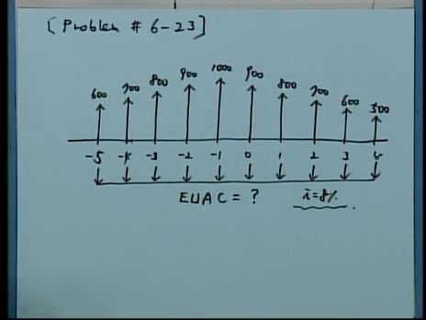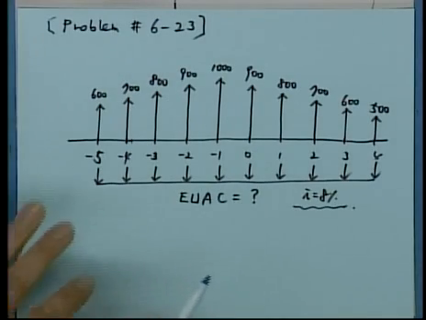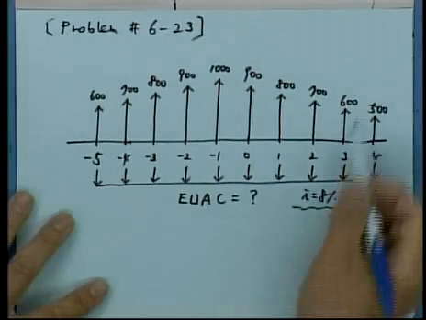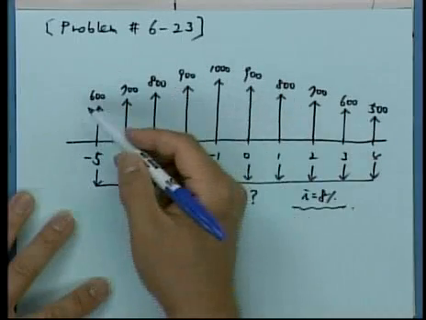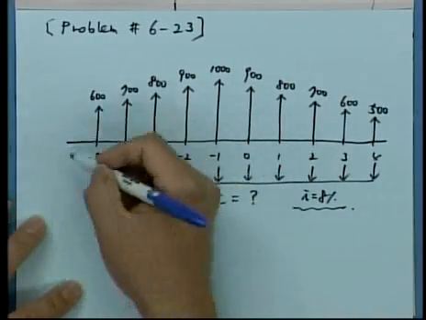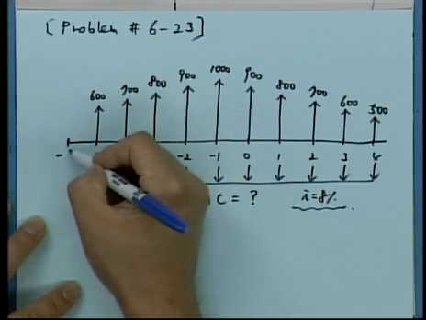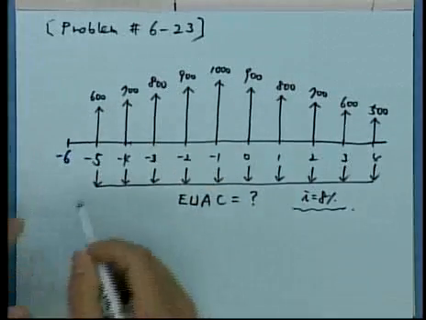So, of course, there are several different ways to obtain the equivalent uniform annual maintenance cost. And what I'm going to do is to convert this positive cash flow to the present worth of cost at time -6. Okay?